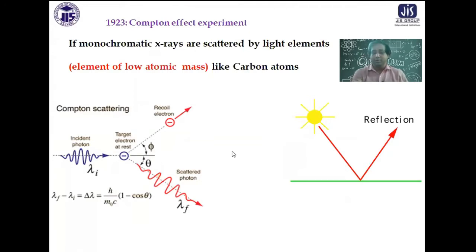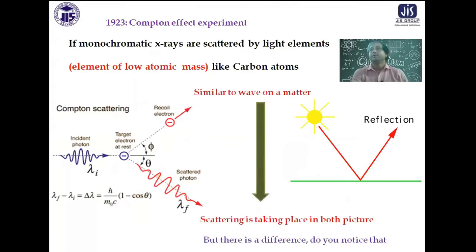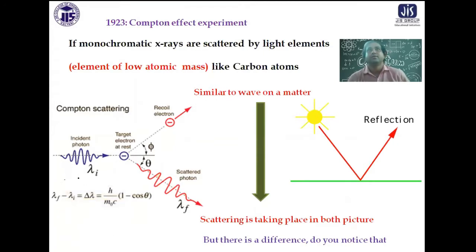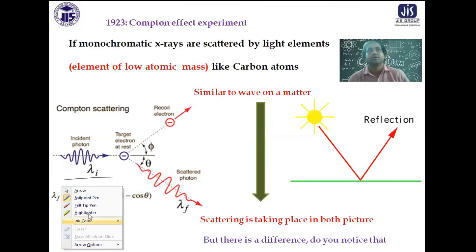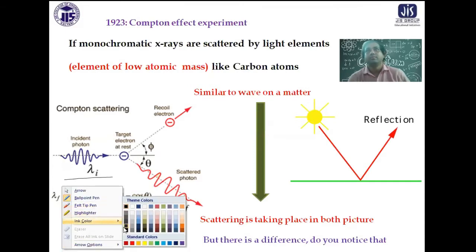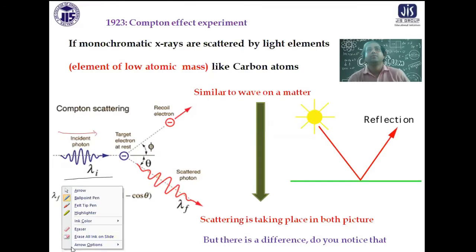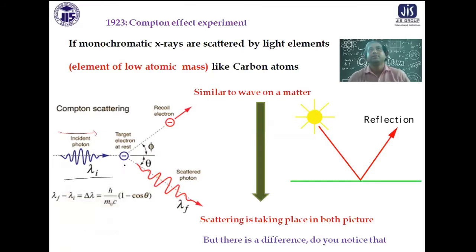So what you notice here is that X-rays are coming in. If you look at the picture, they are incident on one of the electrons here, an electron provided by the carbon atom.